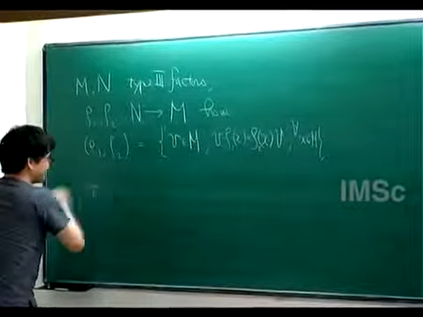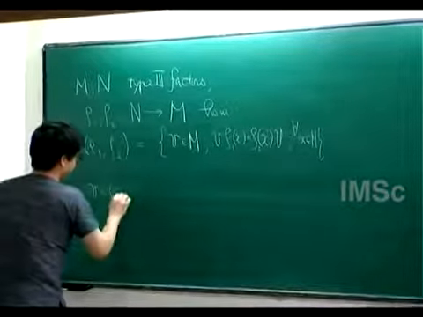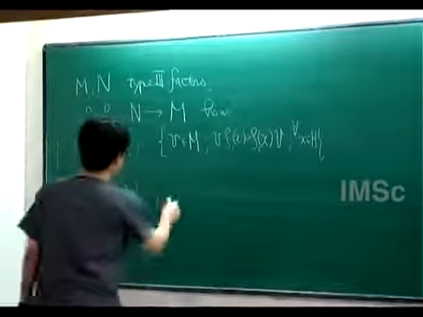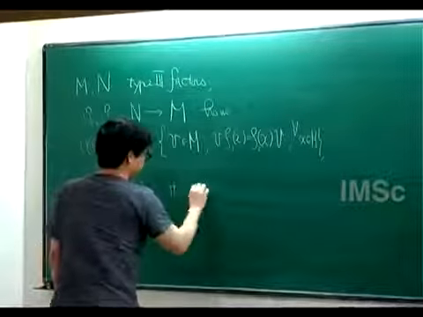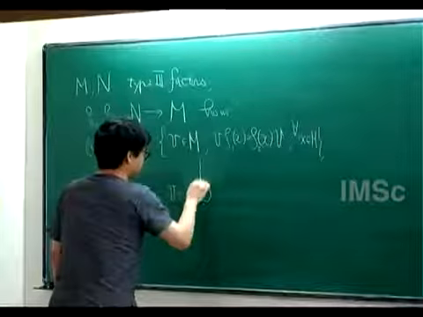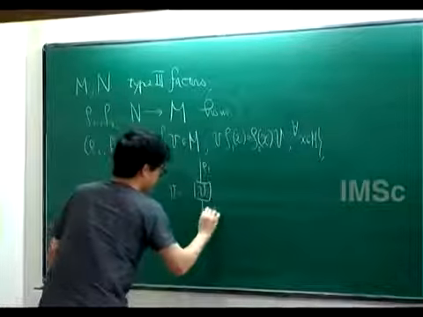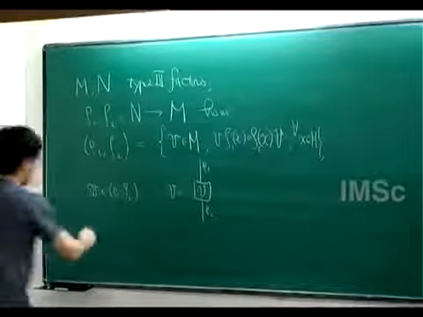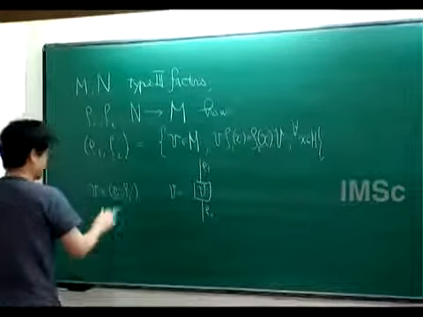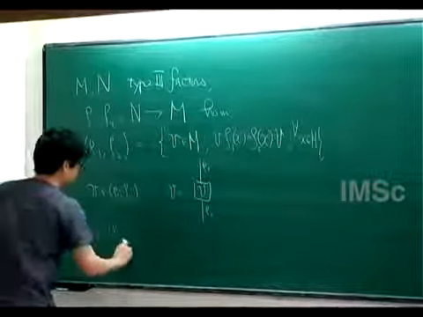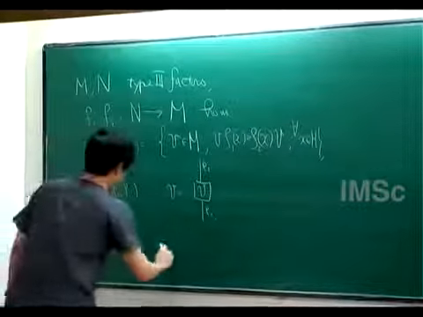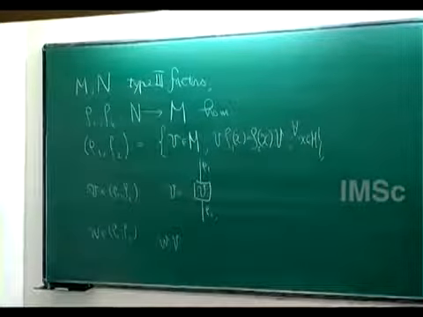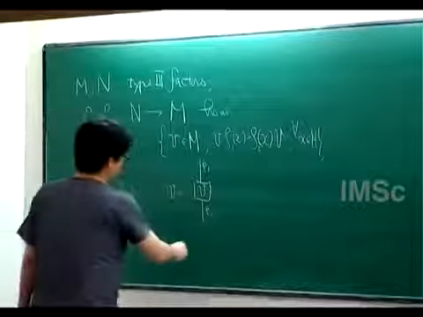So when V is an intertwiner between rho 1 and rho 2, then I use this picture, of course. And when the W happens to be an intertwiner between, say, rho 2 and rho 3, then just a product of the two operators corresponds to the composition of the two intertwiners.